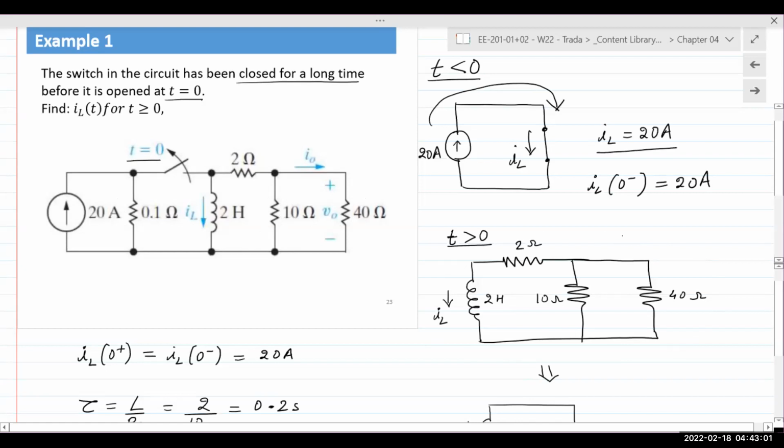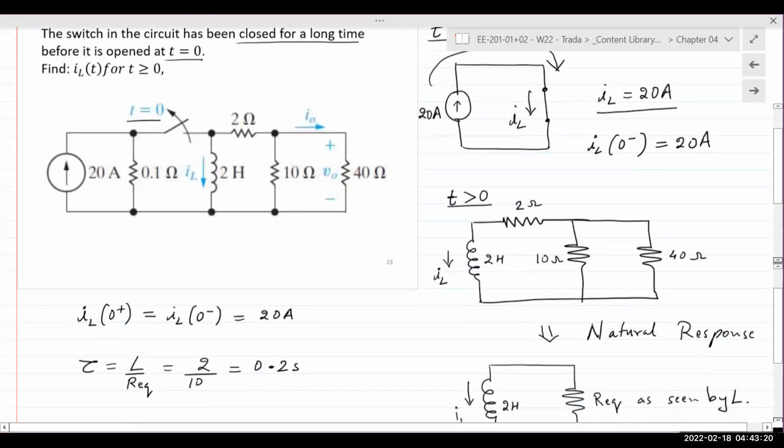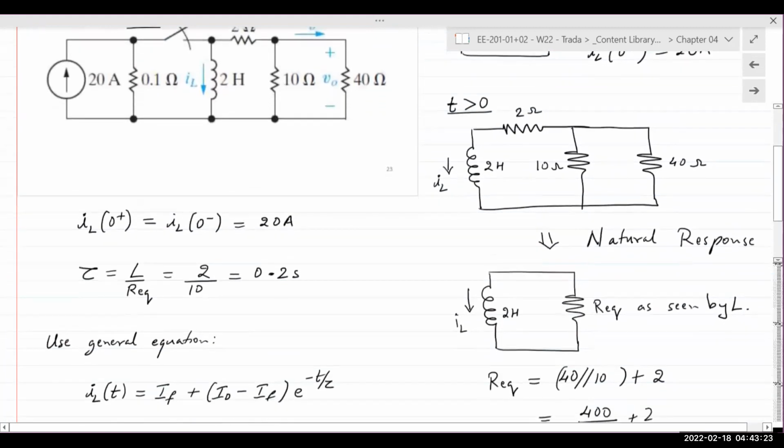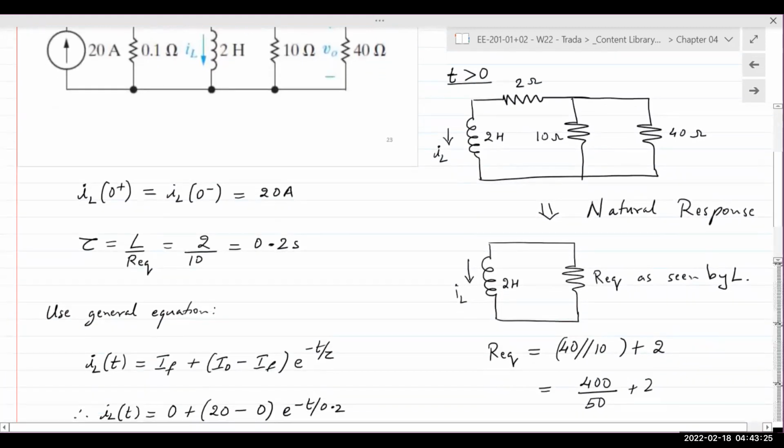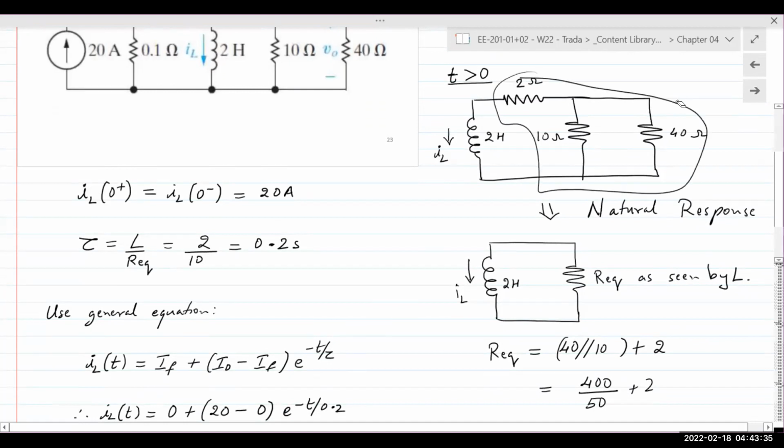Now, if we examine the circuit, we see that there is no source in the circuit. So, if there is no source, it is a natural response problem, meaning it is discharging. There are 3 resistors in the circuit, so the inductor is discharging through all those 3 resistors. However, it is possible to reduce that resistive network to one single resistance.